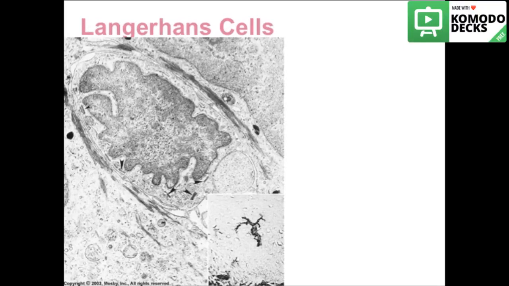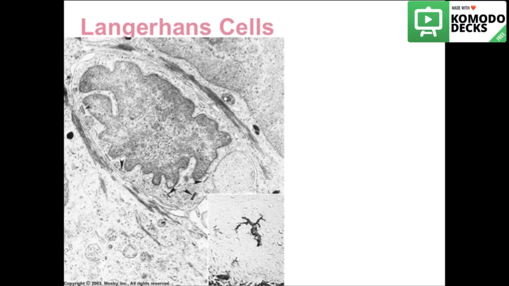Langerhans cells are antigen-presenting cells. They are also dendritic cells and have characteristic Birbeck granules, which can be seen as marked by the arrows. These granules are rod-shaped and have immunologic function.